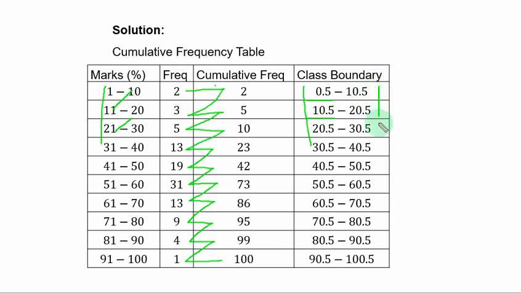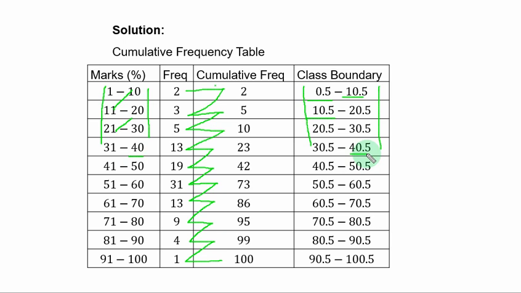To get the upper class boundary, you add the boundary value to the upper class limit. So 10 plus 0.5, you have 10.5. 40 plus 0.5, you have 40.5, and so on.